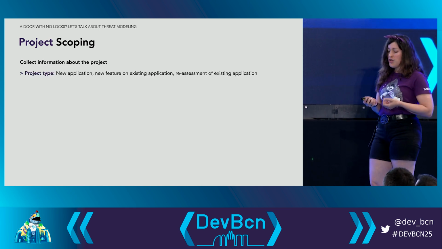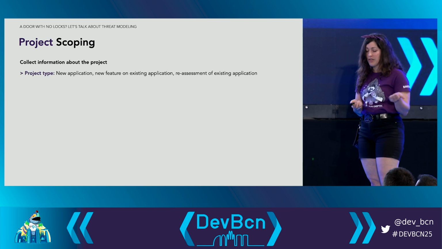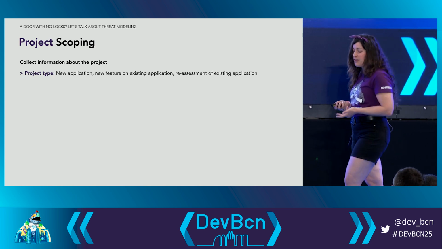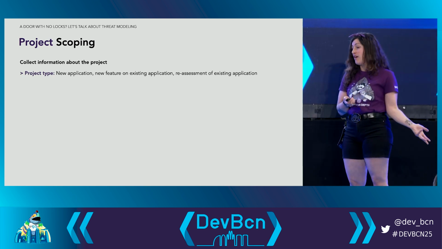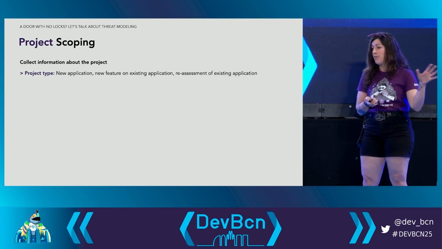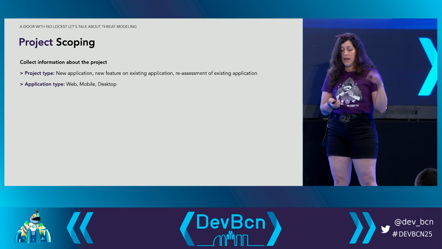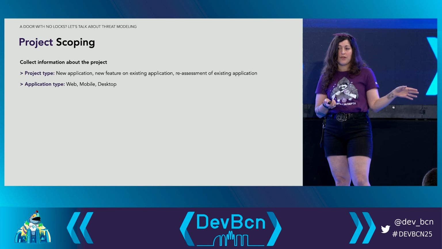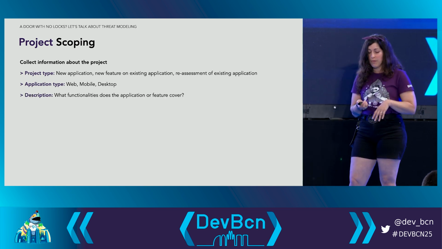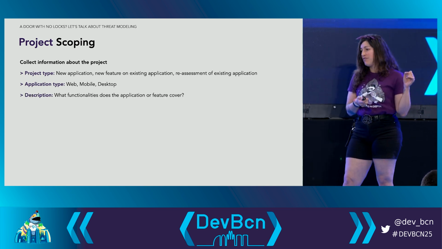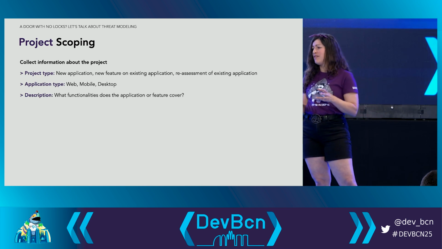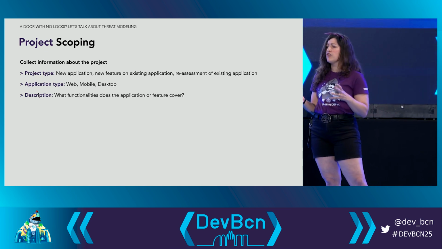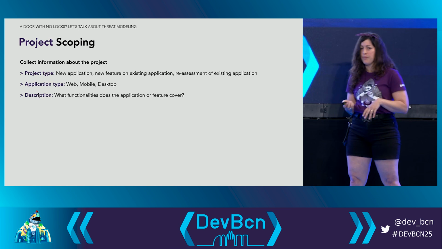So you want to know what the project type is: a new application, a new feature, or a reassessment of an existing application, remember the operate and monitor phase. What type of application you are building: web, mobile, desktop. What functionalities it covers, what the important business logic is, what is going to be sensitive business logic to you.